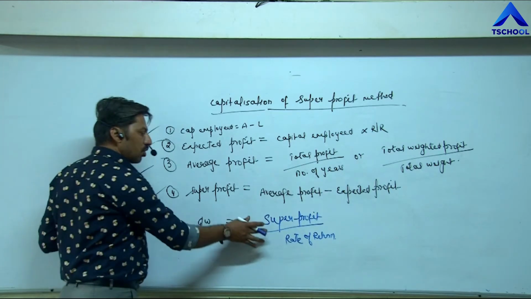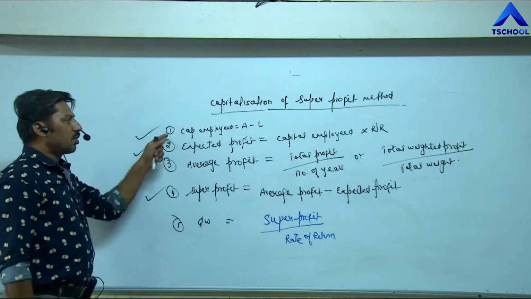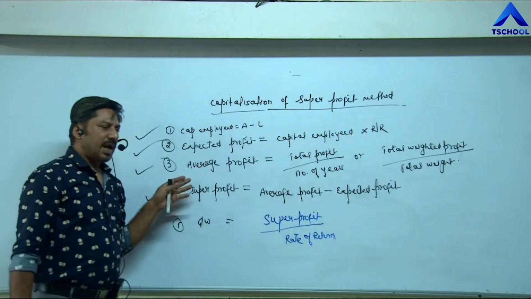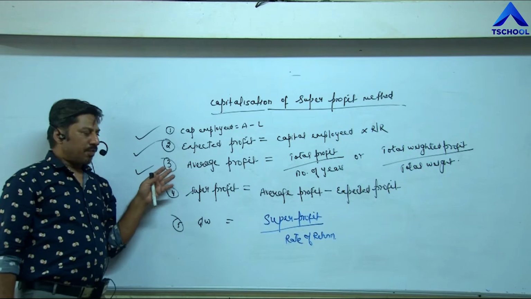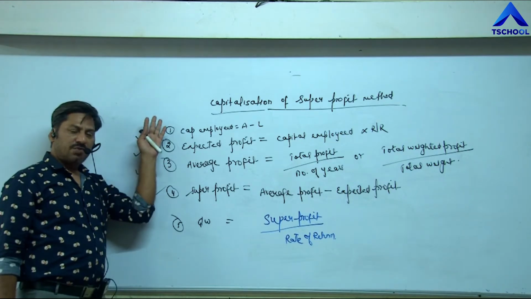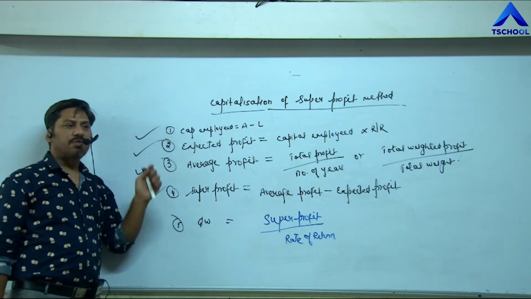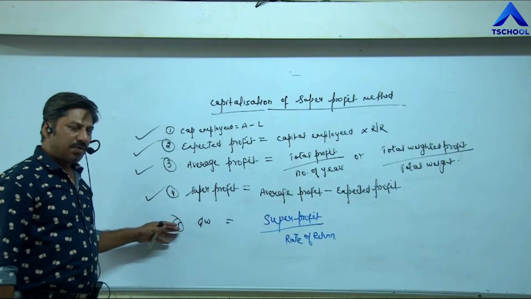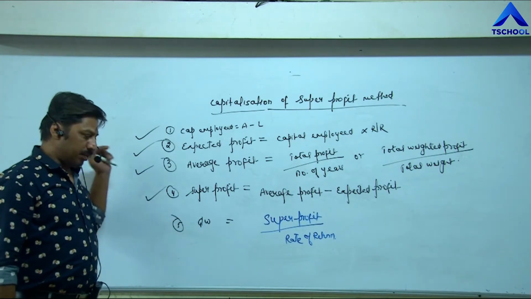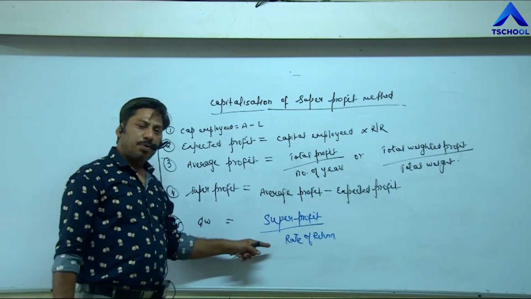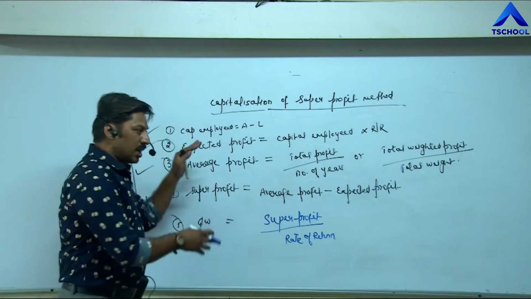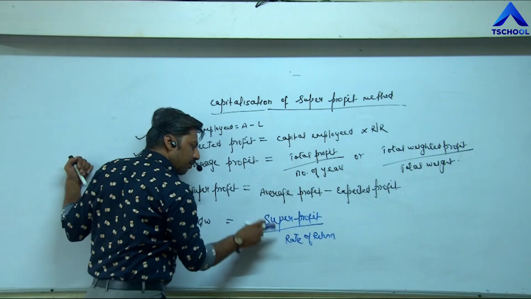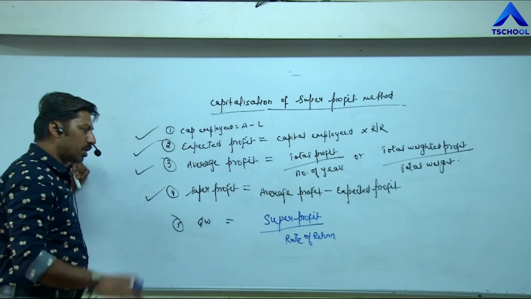All steps are same as we have done in super profit method. First of all, capital employed we have to find out, then expected profit, then average profit, then super profit, and only the last step is different. In previous, goodwill is equal to super profit into number of year purchase, but in capitalization of super profit method, super profit upon rate of return.